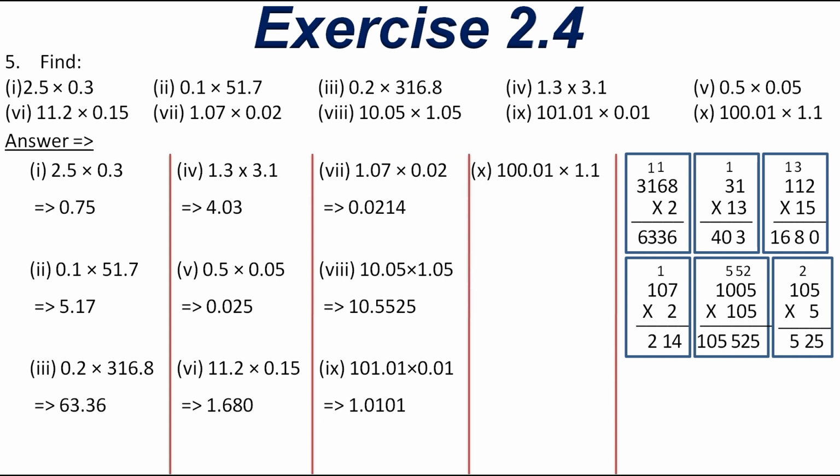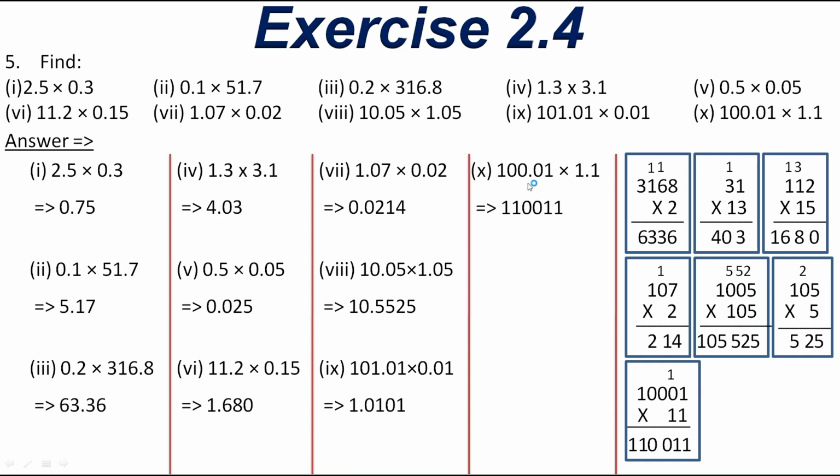Okay. Next we have 100.01 should be multiplied with 1.1. When we forgot the decimal point, the number becomes 10,001 into 11. Okay, so now here 11 ones are 11, 11 zeros are 0, plus 1 is 1, 11 zeros are 0, 11 zeros are 0, and 11 ones are 11. So I got the answer as 1,10,011.